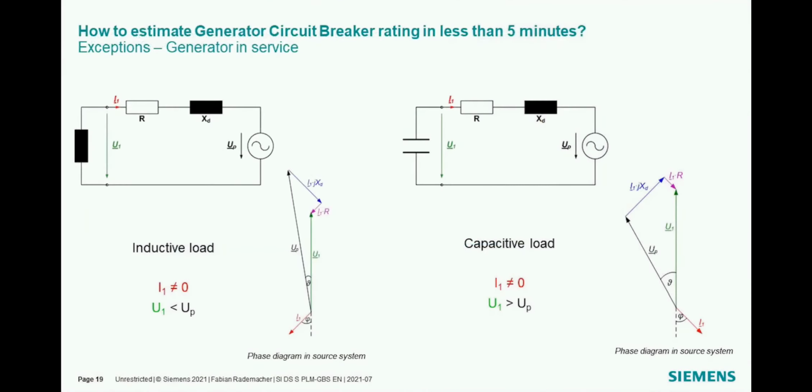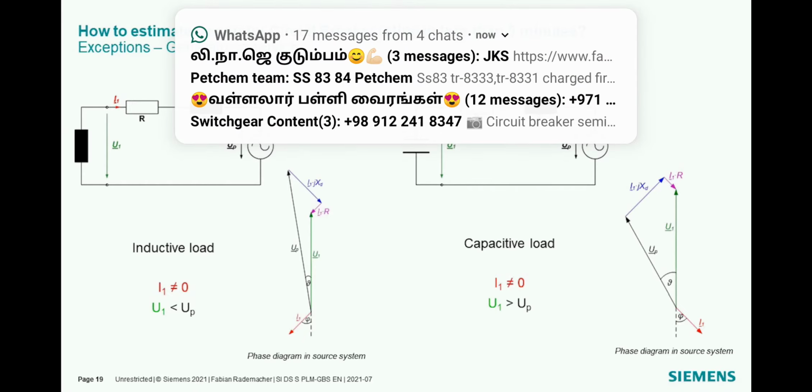Of course, this estimation tool only covers a no-load calculation, because the estimation tool cannot deal with the transient behavior of the short circuit currents. And there we actually have two exceptions. The first one is a generator in service.